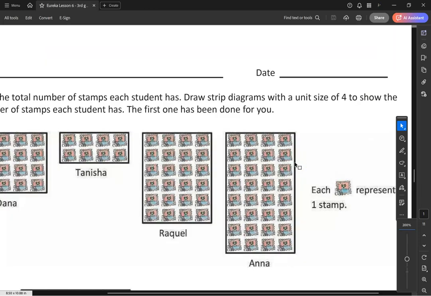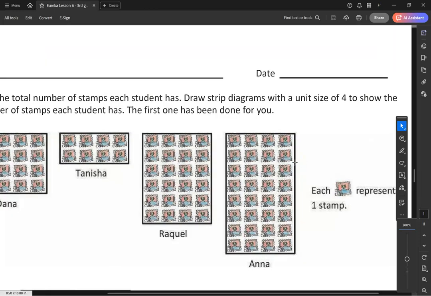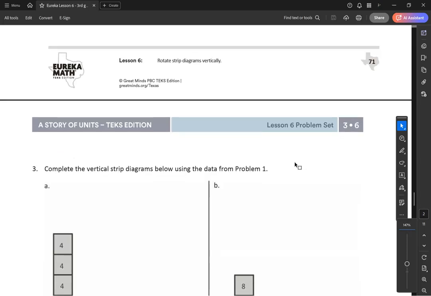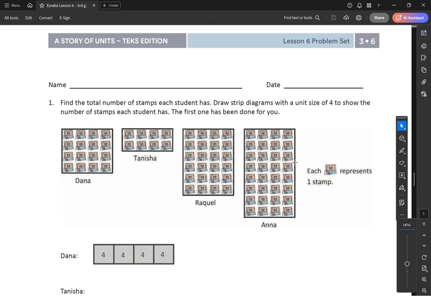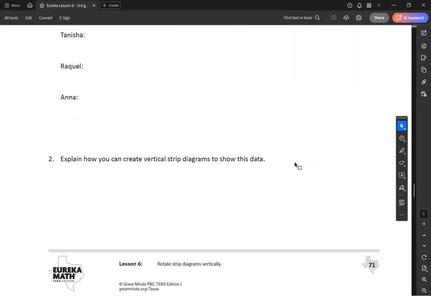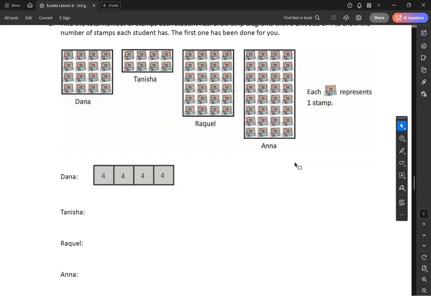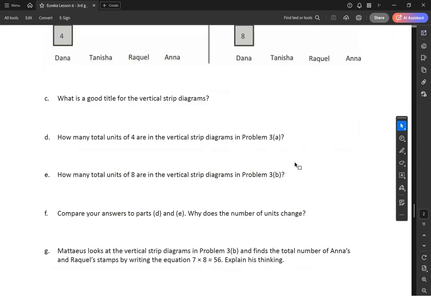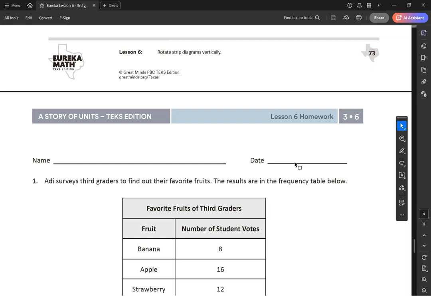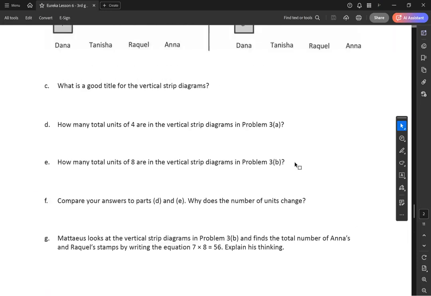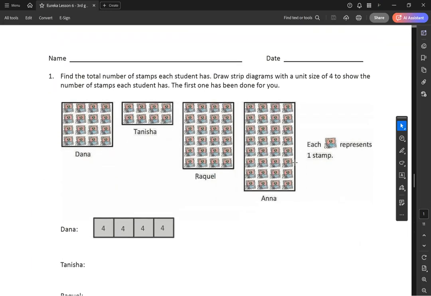Now the page on mine is going to be different. Of course, my book's dog-eared, so don't worry about that. Okay, and I'm on the wrong one. No, I was on the right one. See, I don't have you here to remind me. I have to figure it out myself. So, okay, here we go.